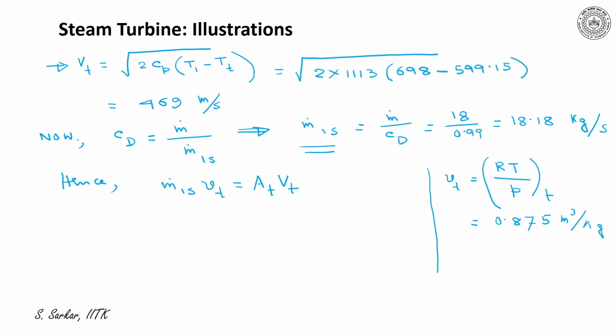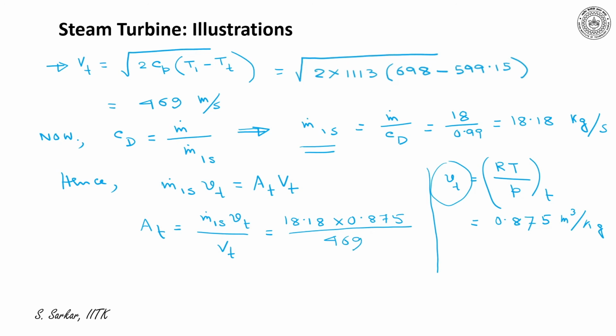So you can evaluate At. At is nothing but m dot isentropic into specific volume, which I have calculated here, divided by Vt. So m dot isentropic is 18.18, specific volume is 0.875, Vt velocity at the throat is 469.